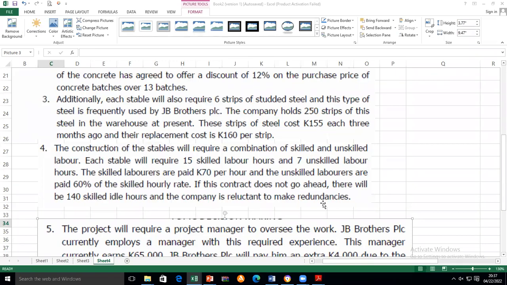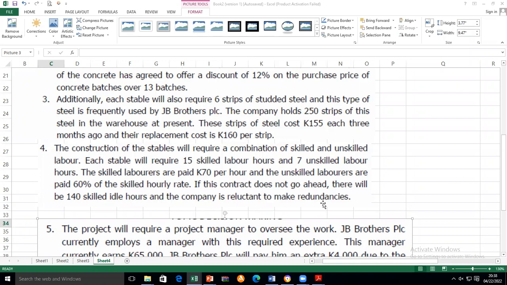How many stables are we going to do? How many are there? Still 40. So how many hours do they need? Skilled 40 by 15 and unskilled 40 by 7.